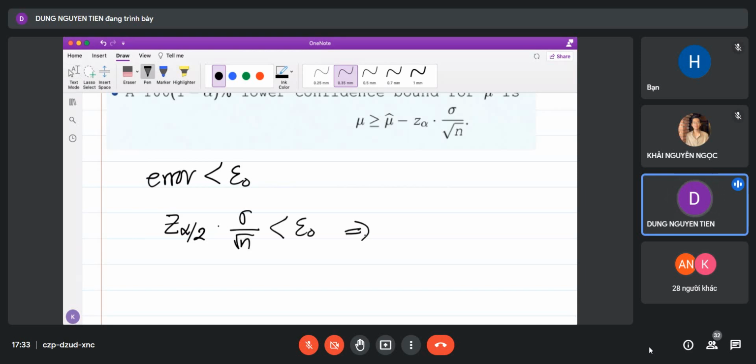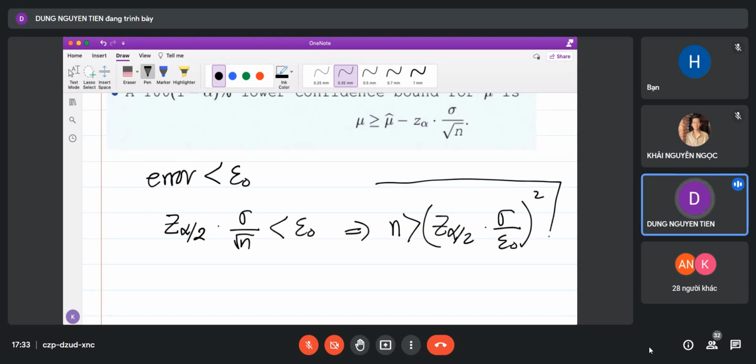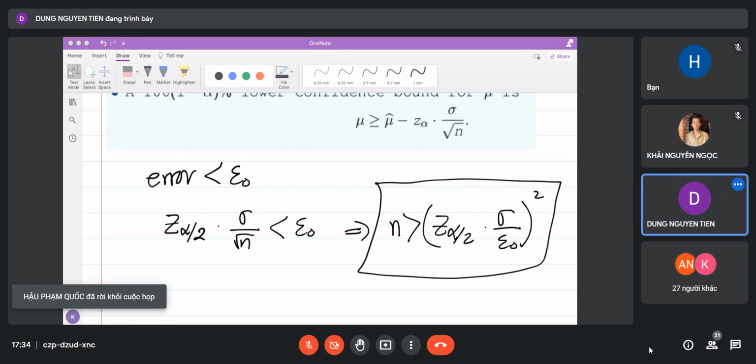Then you come up with n greater than (z alpha over 2 times sigma over epsilon 0) squared. This is the formula we can use to determine the value of n. Is that all clear, everybody?